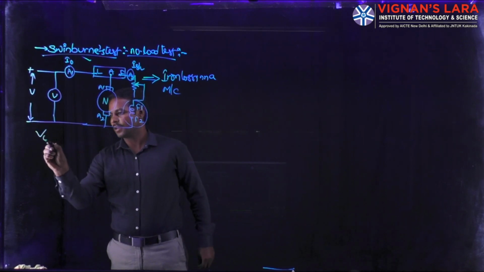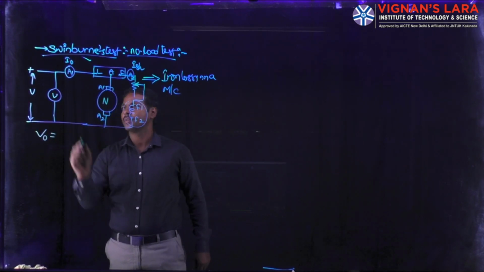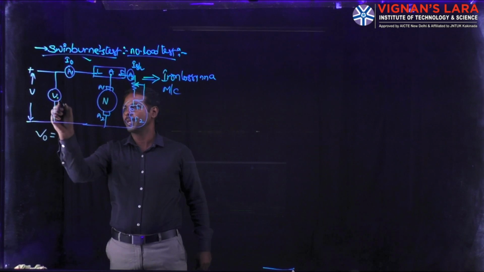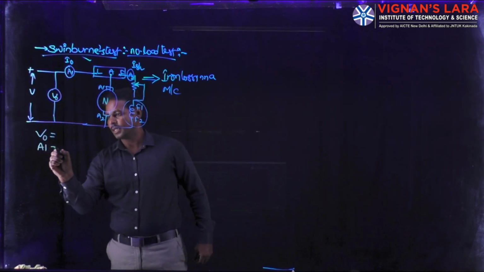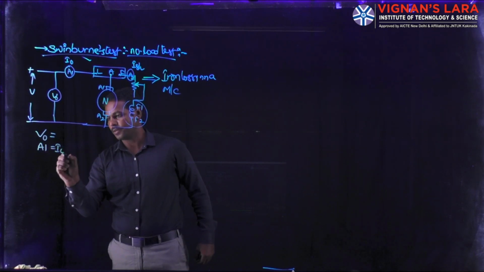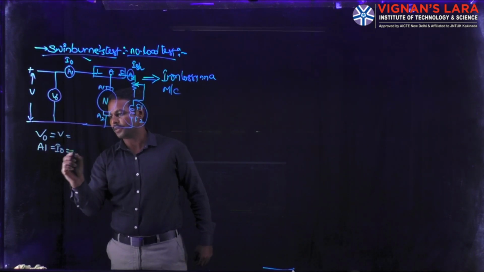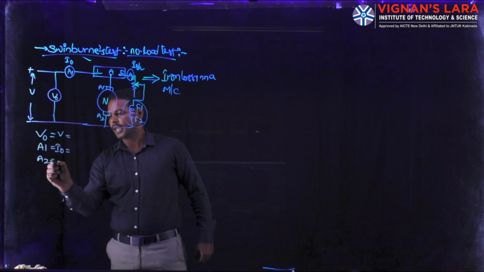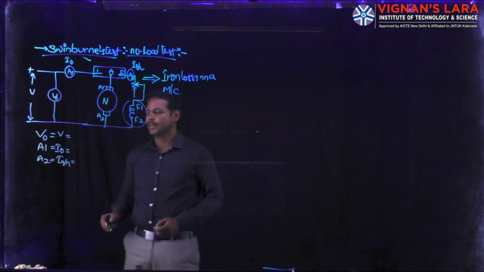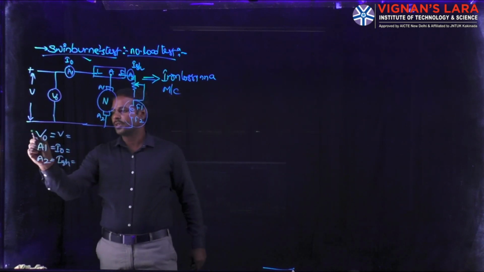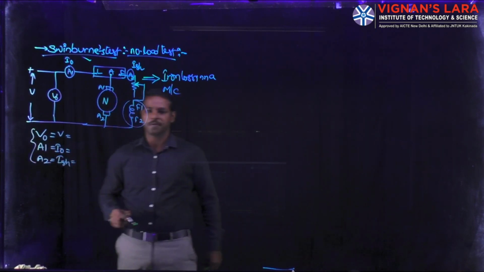One is the no load voltage V0, which is measured by a voltmeter. Another is A1, which is equal to I0, and another ammeter A2 is equal to ISH. Based on these three values only, we can find out the efficiency of a motor.